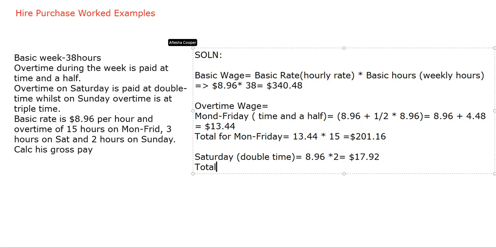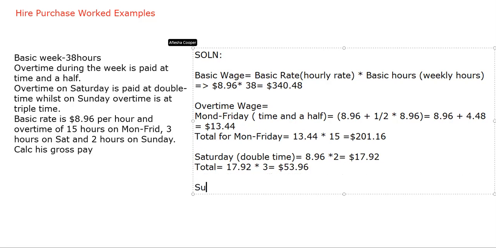How many hours did we work on Saturday? On Saturday, 3 hours. So now we multiply 17.92 by 3 because he worked 3 hours, which is 53.96.